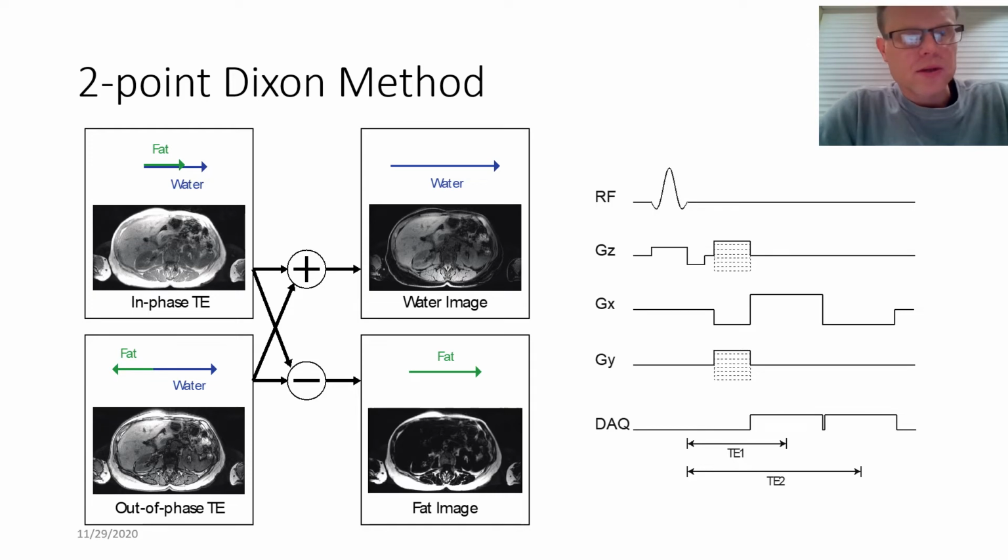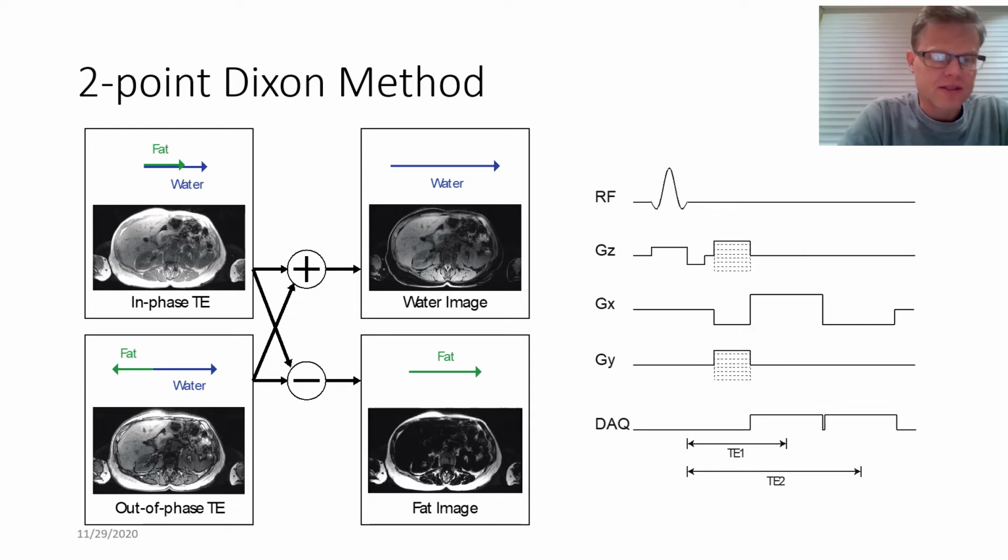Sometimes this is called the 2-point Dixon method, in that we're getting 2 points of data. One is a so-called in-phase echo time, as I was illustrating on the last slide, where transverse magnetizations for fat and water are completely aligned. Then we get a so-called out-of-phase image, where fat and water are completely opposite phase.